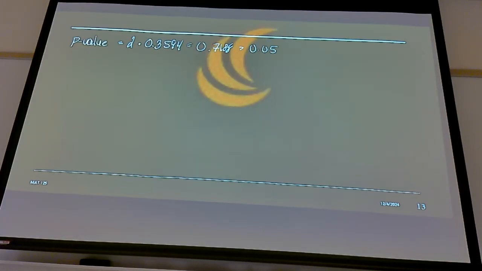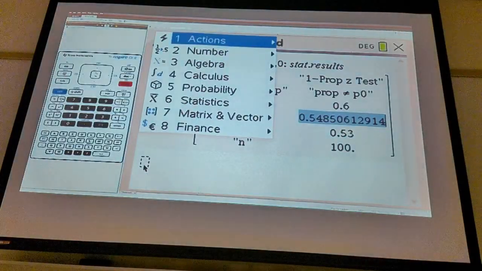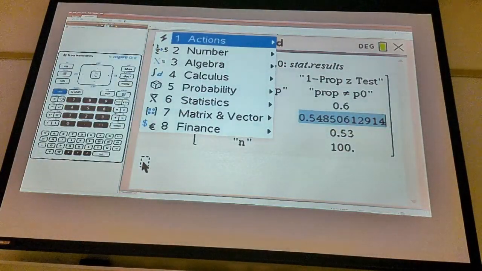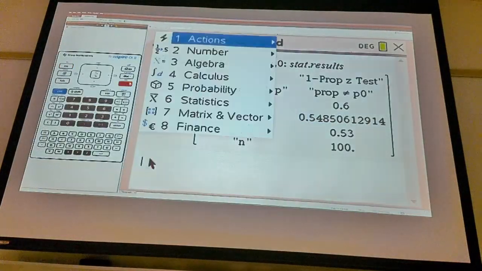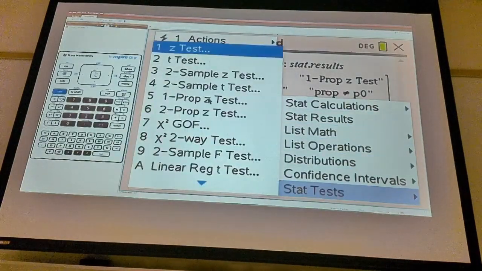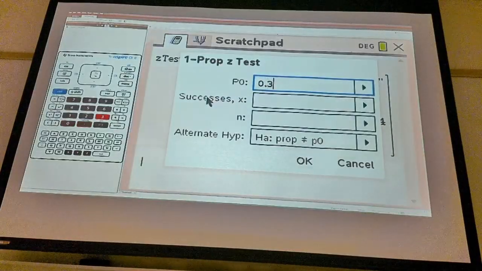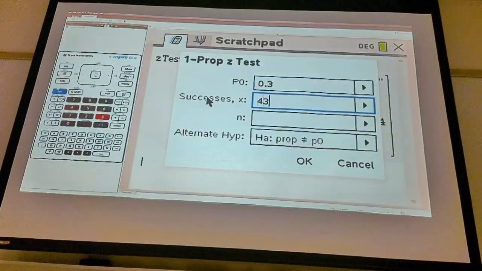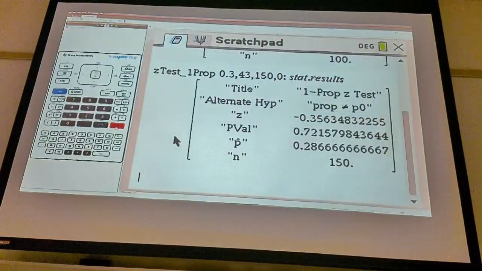Right, again, if we use technology, stat test, the 1 proportion z test, P naught was 0.3, 43 successes in 150 trials, and we had non-equals.